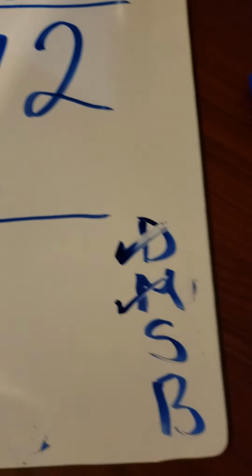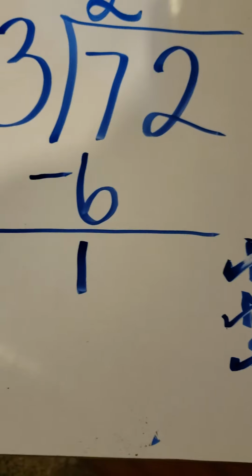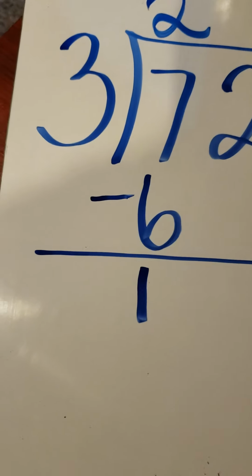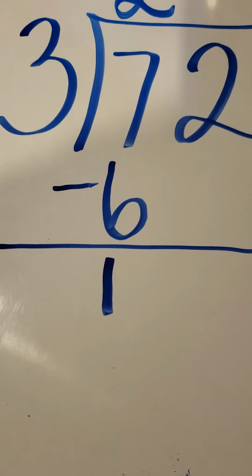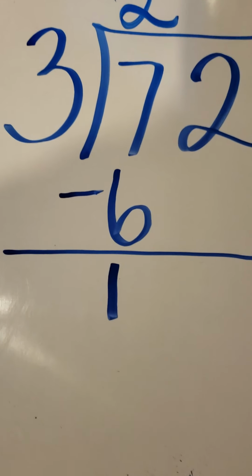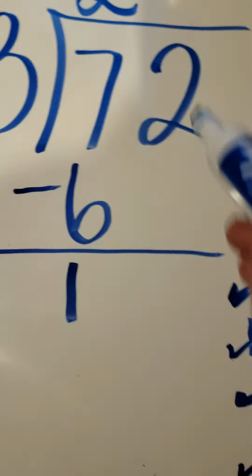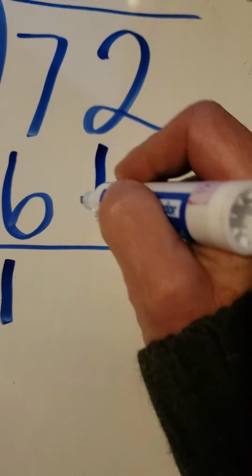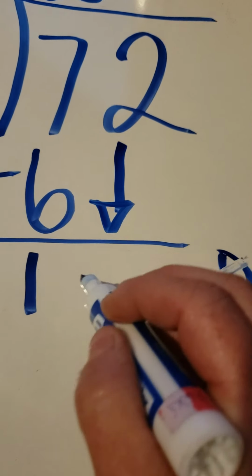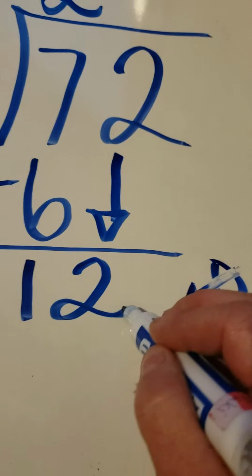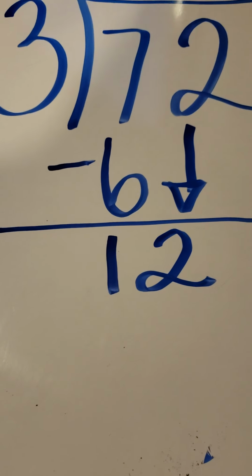You've got it. There's your subtract step. 1 right now is your remainder or your leftover, but we're going to make it fit. So now we've got this 2. We're on our bring down. And you remember, you bring down this 2 in the ones place to put it with the 1 in the tens place to make a 12.